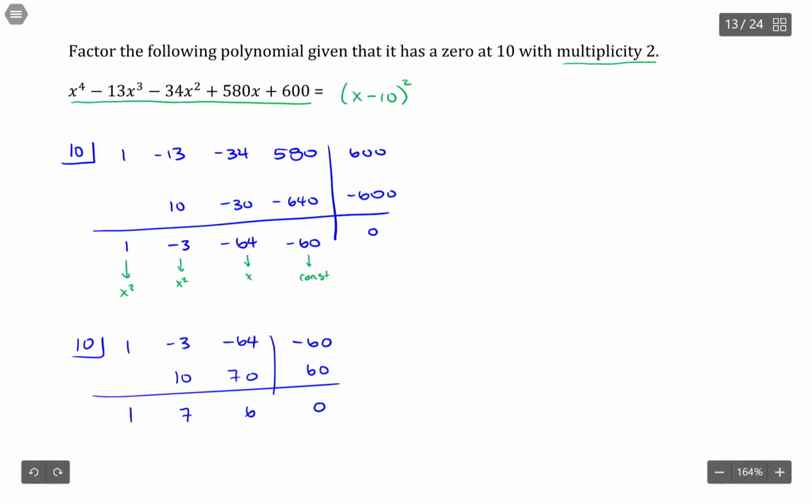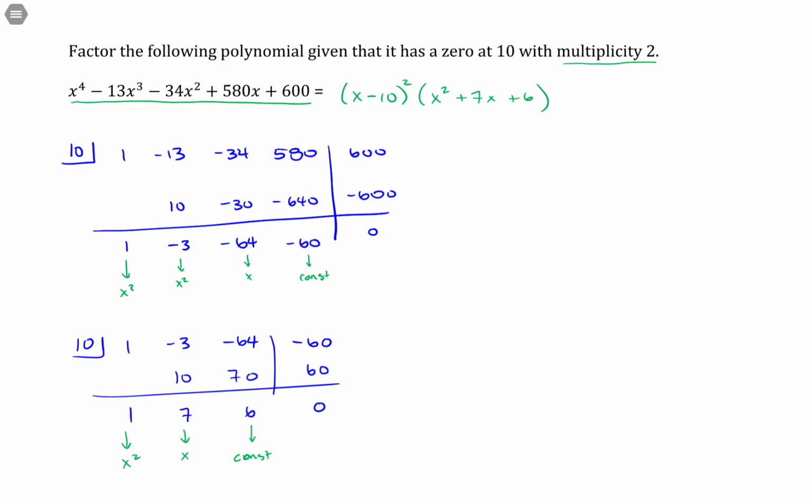That's what's meant by the multiplicity 2. And the remaining quadratic, this is a set of coefficients of that quadratic where this is the constant, this is times x, and this is times x squared. So I have x squared plus 7x plus 6.